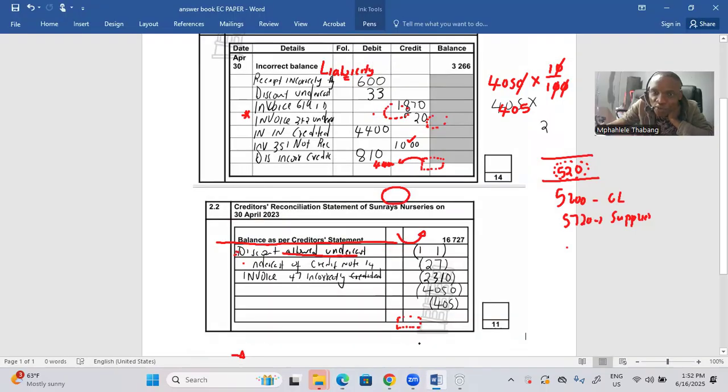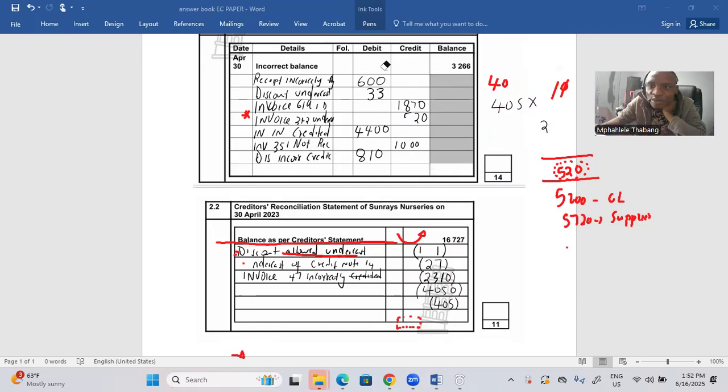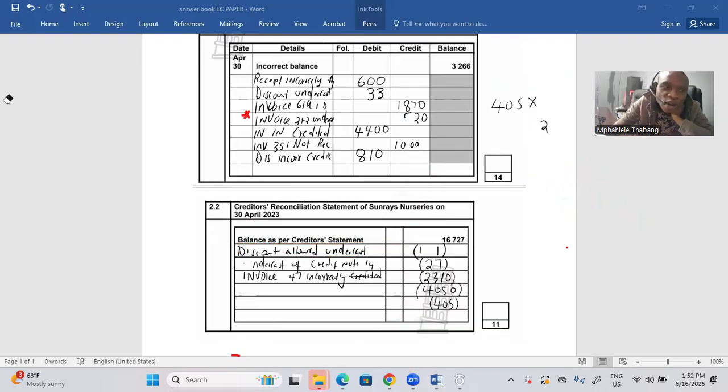Okay. So from here, guys, let me erase. From here, now we are done. It's a matter of calculating our balance.